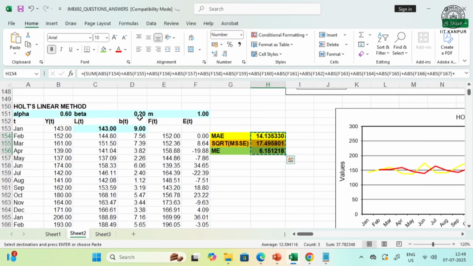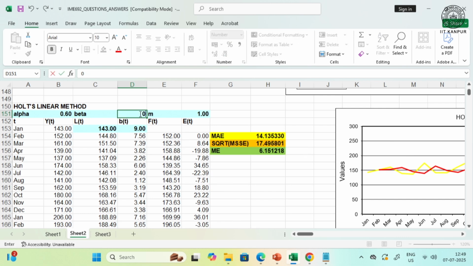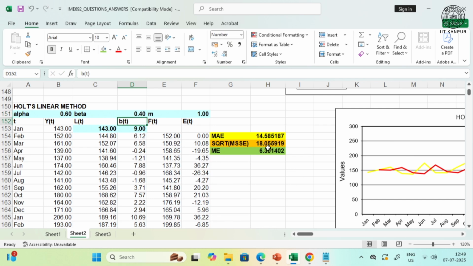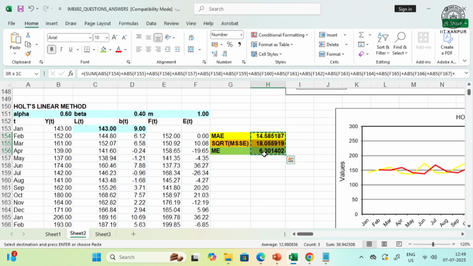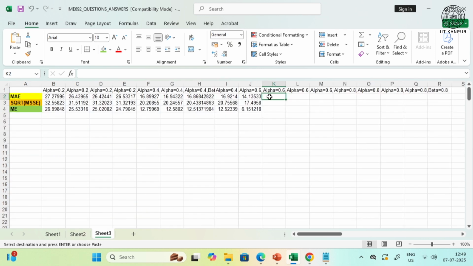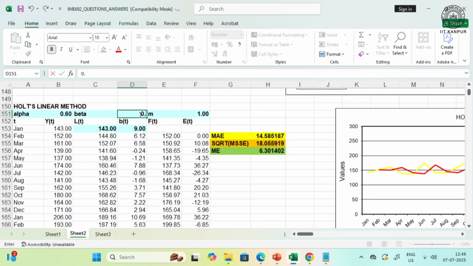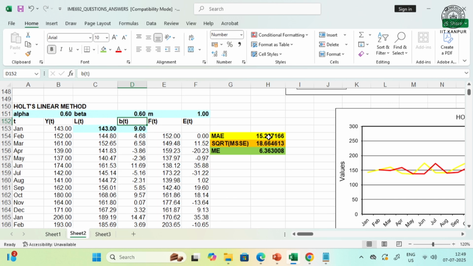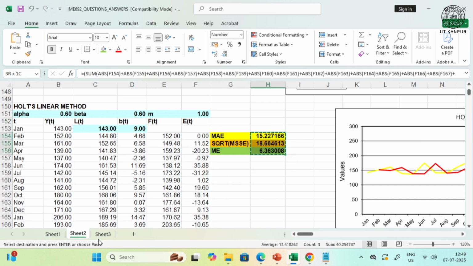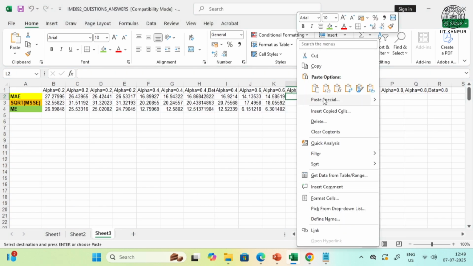Then I go to beta 0.4, then beta 0.6, values copied, pasted.